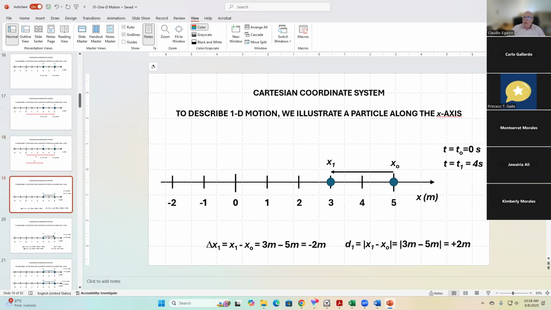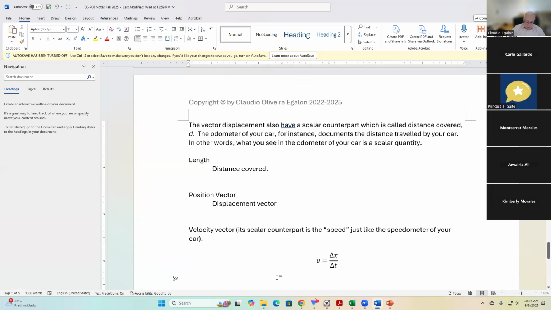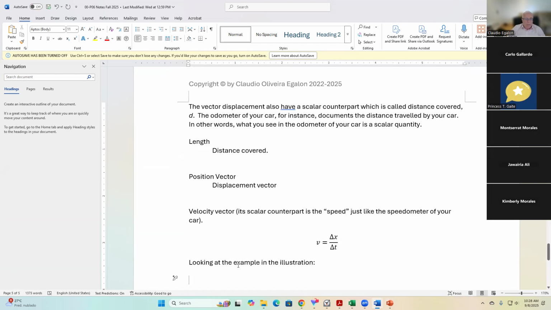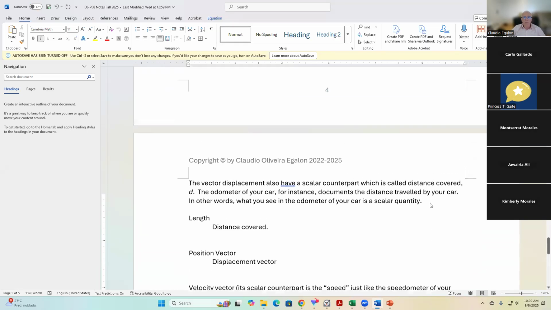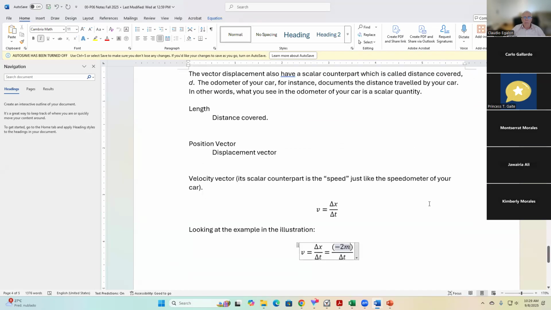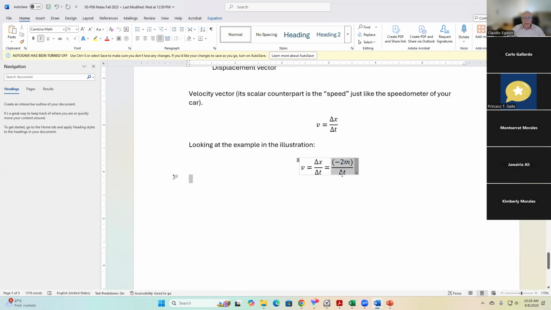Looking at the illustration, we have delta x, that is minus 2 meters, and delta t, that is 4 seconds.